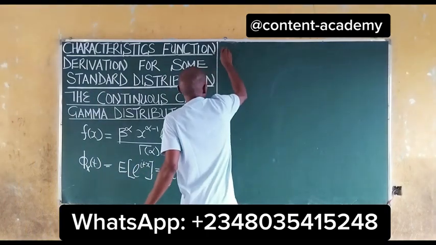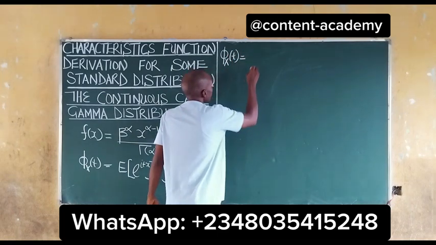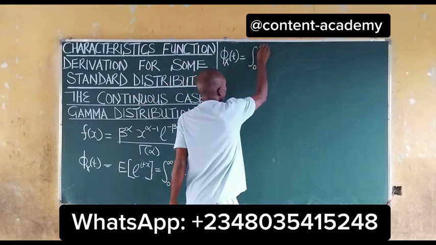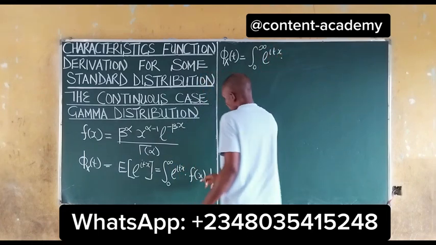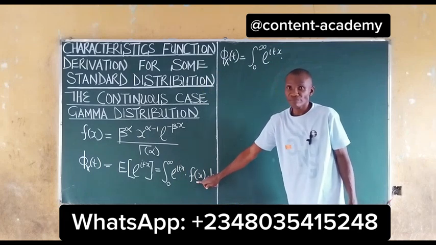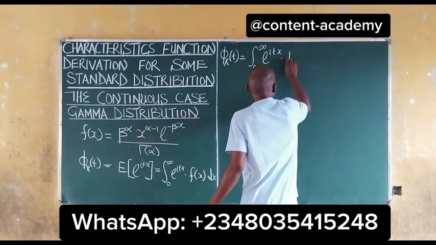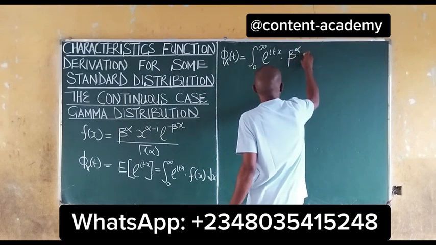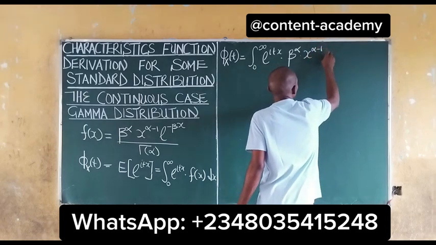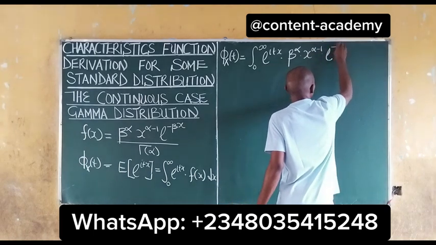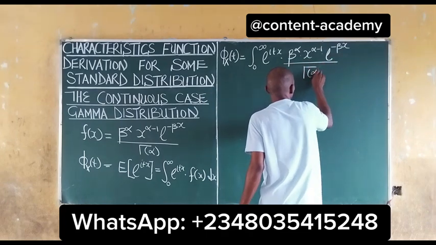It then means that our characteristic function for the gamma distribution can be written as the integral from 0 to infinity of e^(itx), now multiplied by the PDF, which is given as this. So we have beta to the alpha, multiplied by x to the alpha minus 1, multiplied by the exponential function negative beta x, all over the gamma function of alpha.